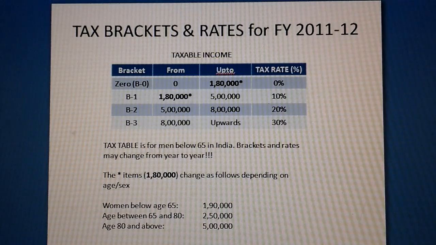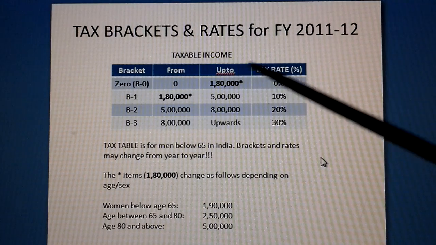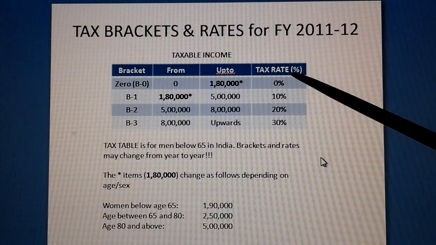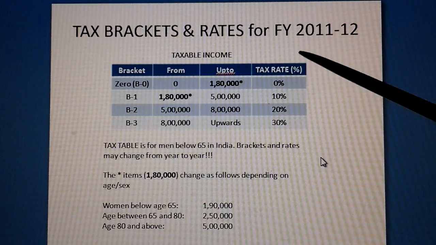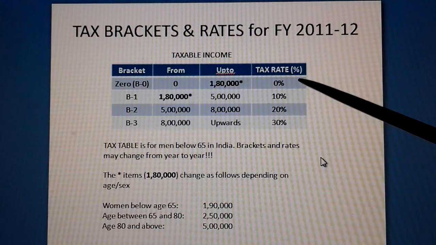Now, here's an example of tax brackets and rates, and specifically these apply for financial year 2011-12 in India. The first bracket is when your taxable income falls between 0 and 1,80,000 rupees. In that case, your incremental tax rate, which is shown in this column, is 0%.